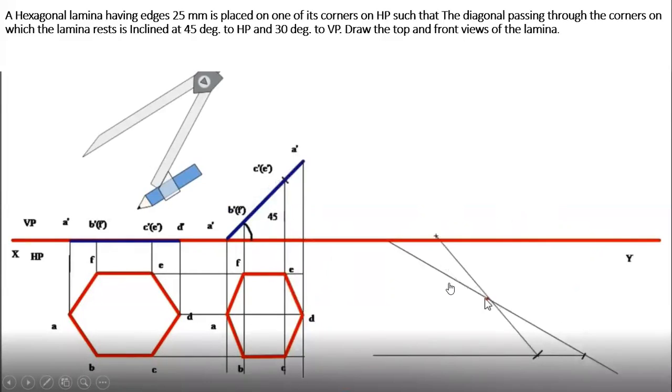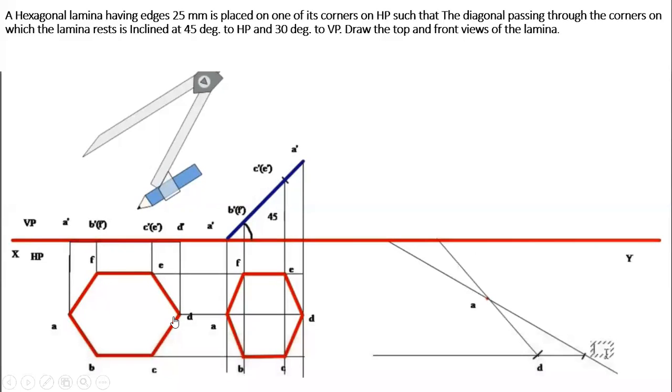Now connect the points and measure the beta angle. Beta angle should be around 44 degrees. Name it as AD. This is the original D from the first position.